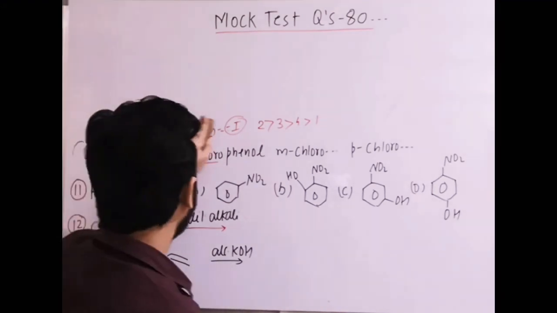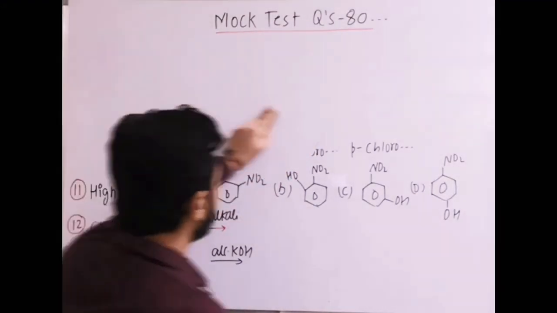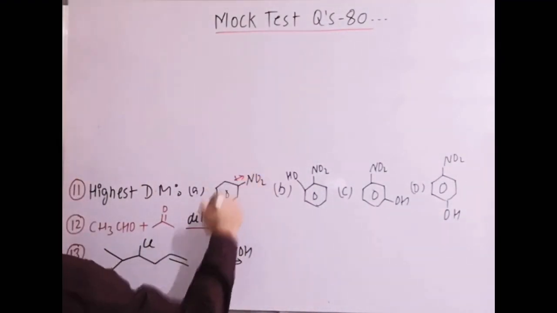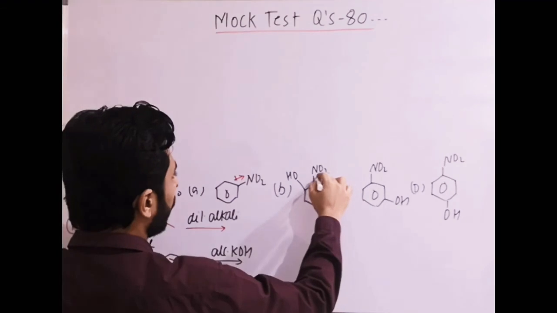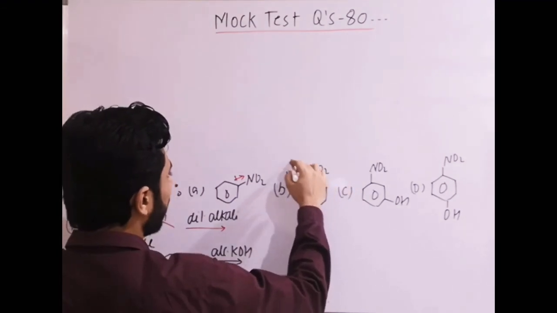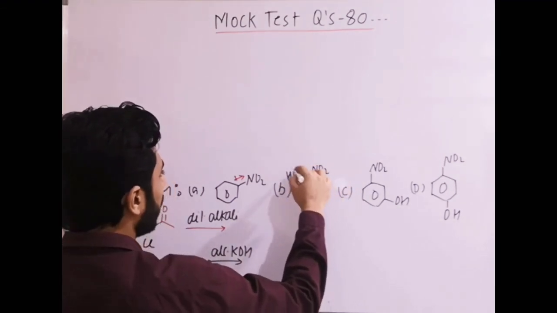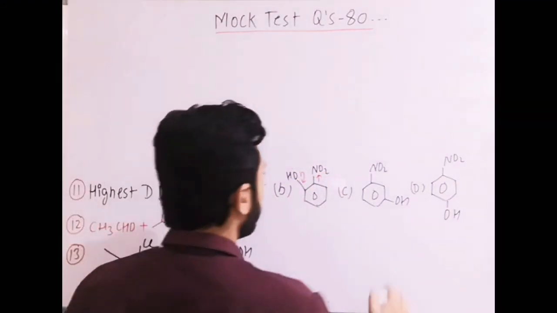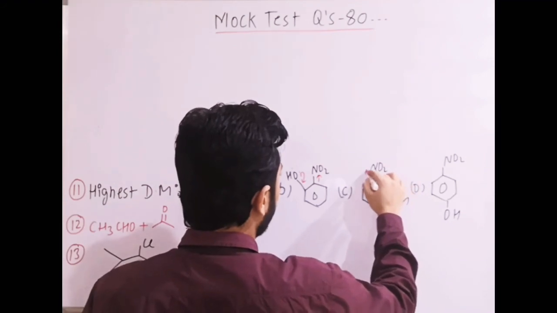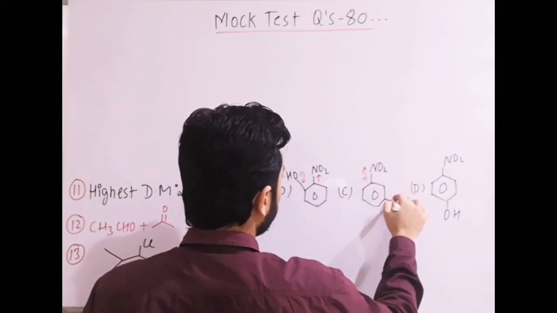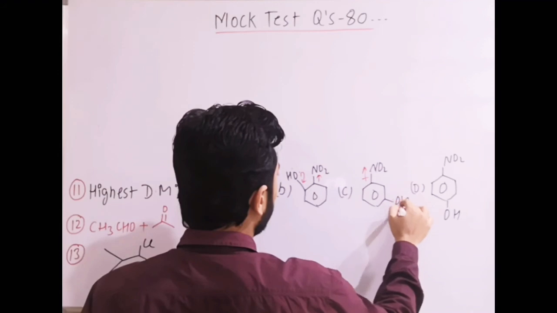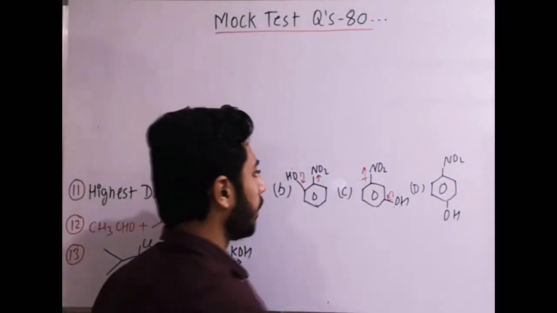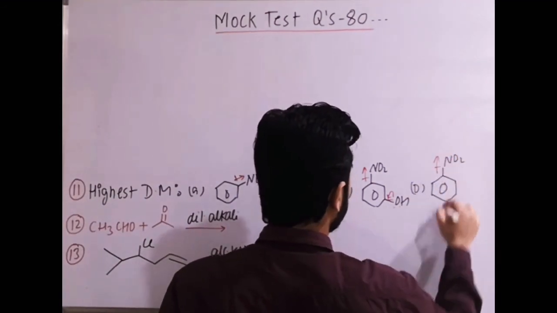Then question number 11, highest dipole moment among these groups. NO2 is electron withdrawing, no doubt it has a dipole moment. The second one again has NO2. OH is minus I, but its electron releasing effect with the ring is very high, so it is electron donating. So it also has a dipole moment. You have to find out where it is maximum. Here also pi electrons will be donated by OH. Now in the fourth one, you can see they are both para to each other, right?